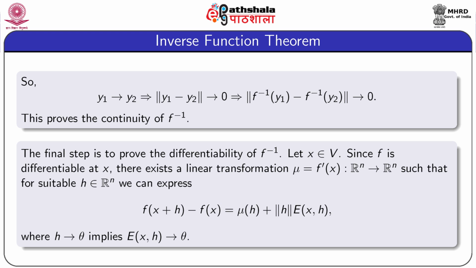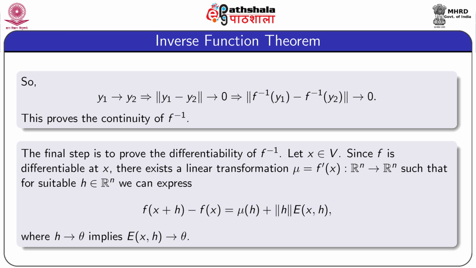Let x be in V. Since the map f is differentiable at x, there exists a linear transformation mu equal to f dash x from Rn to Rn such that for suitable h in Rn, we can express f(x plus h) minus f(x) equal to mu h plus norm h times ε(x,h), where h tends to θ implies ε(x,h) tends to θ.